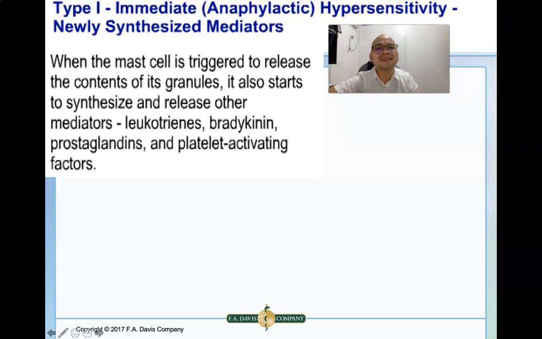These are just triggered: whenever a mast cell is triggered to release the contents of its granules, it will also produce newly synthesized mediators in the form of leukotrienes, bradykinins, prostaglandins, and platelet activating factors.